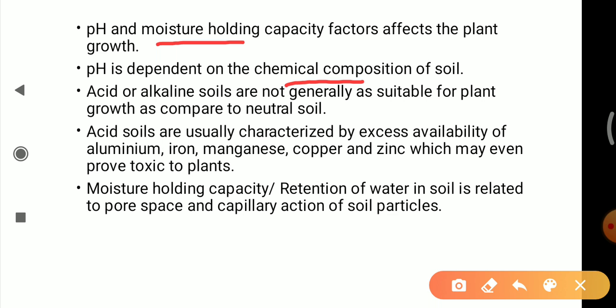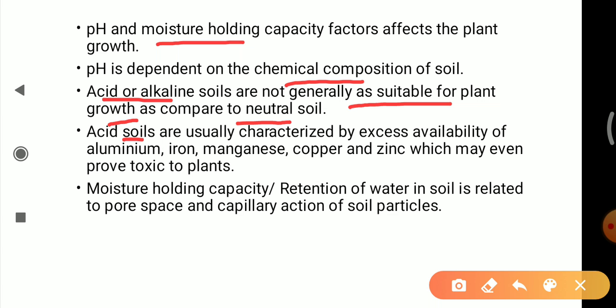Acid or alkali soils are generally not as suitable for plant growth as compared to neutral soil. If pH is very acidic or alkaline, it is not suitable for plant growth. If the pH is neutral, it is more suitable for the plant to grow.